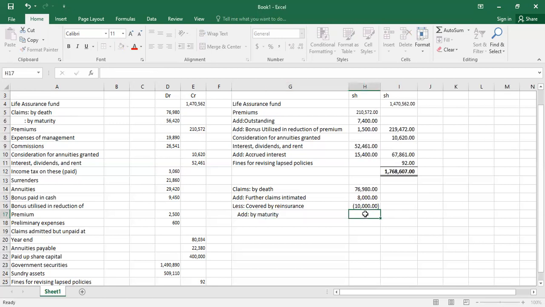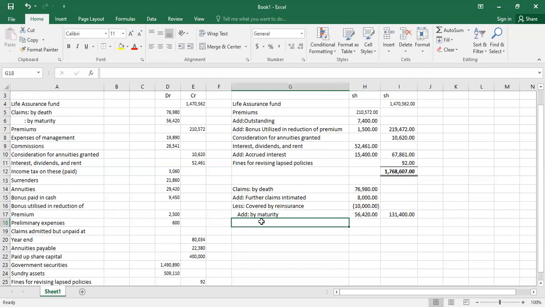The amount is 56,420. So I'm adding the claims by maturity. I add all this. I'm getting 131,400.